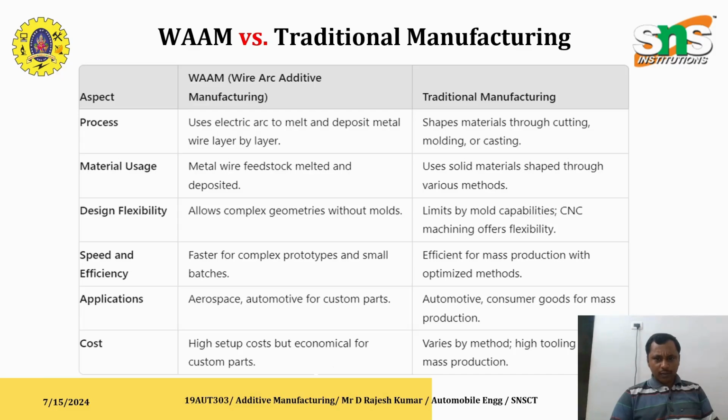Both methods are used in all kinds of applications, especially wire arc is used for aerospace applications. Coming to cost, the process cost is high but economical for customized parts, whereas the tooling cost is high in mass production for traditional manufacturing.